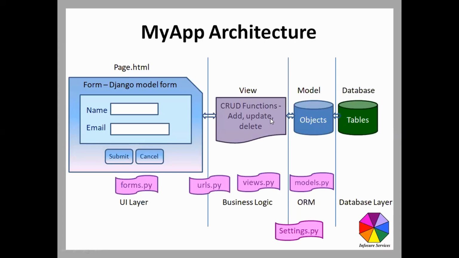Now the page.html has one representation of that context. Wherever you want to render those particular rows, you will put that context inside the HTML.